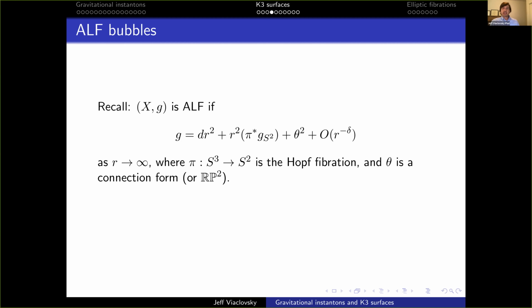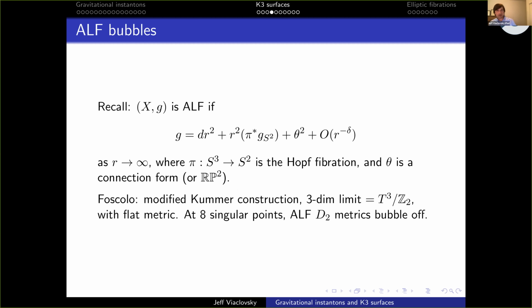So in the next case, ALF bubbles. Recall that the ALF case is where it was asymptotic to the Hopf fibration, so the base directions grow like in Euclidean space, but the circle fiber goes to constant length at infinity. These were shown to bubble off of K3 by Foscolo. He did a modified Kummer construction where you can obtain a three-dimensional limit.